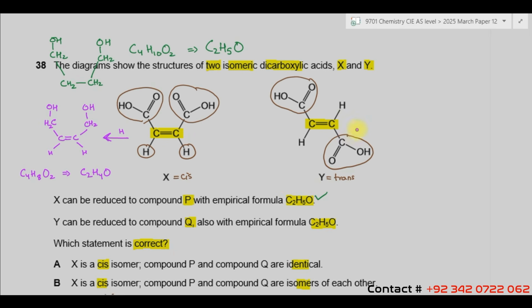Let's do the same for this one. Reduction. Primary alcohol is formed. Again, as this is isomeric, so same molecular and empirical formula will be there, which is not correct.